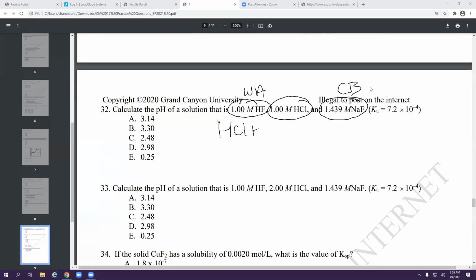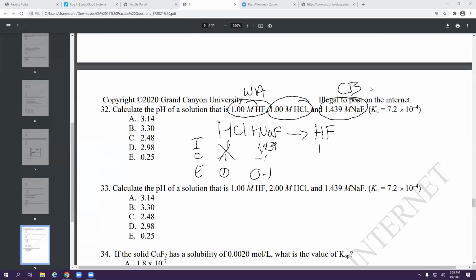Conjugate base, the NaF, I will get HF. An ice table is formed. I'll get one of this. I'll get 1.439. I'll get one of these guys. Minus 1, minus 1, 0, because these cancel out.